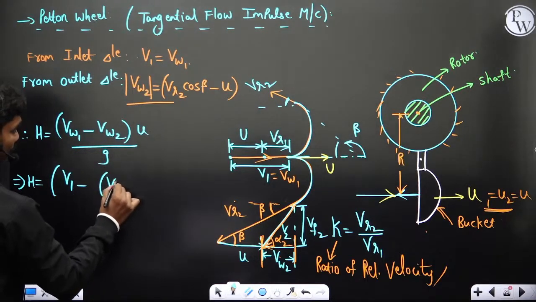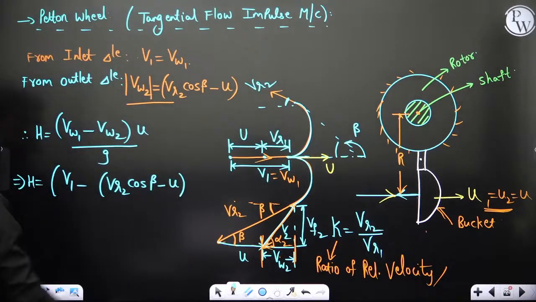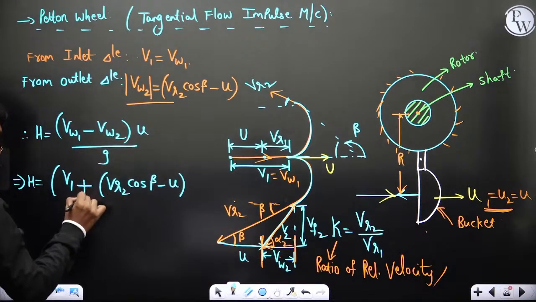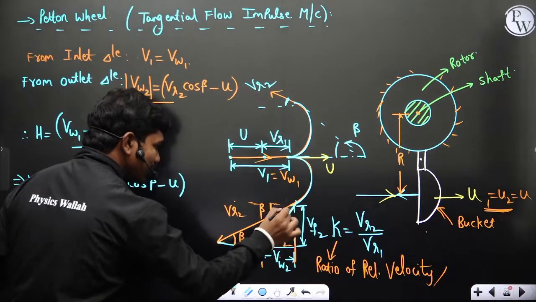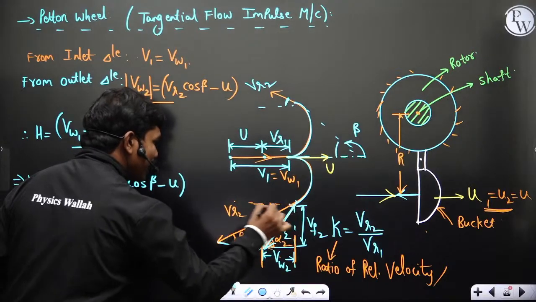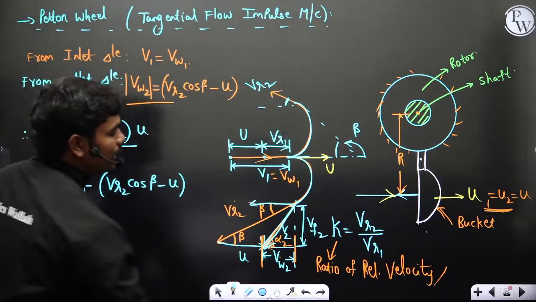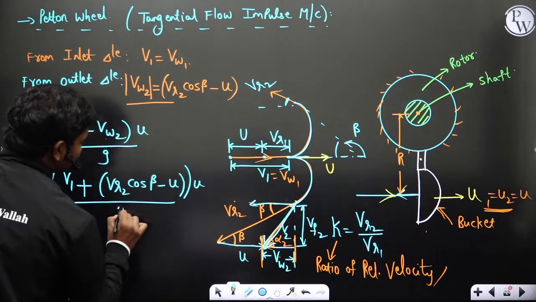The magnitude of vw2 is vr2 cos beta minus u, but this has to be put in a negative sign, so minus of minus will give you plus. Why am I putting this minus? Because this resolution will actually give a component of vw2 in the negative direction of the blade motion. That's actually trying to reduce the head, so it's negative of negative, multiplied with u divided by g.